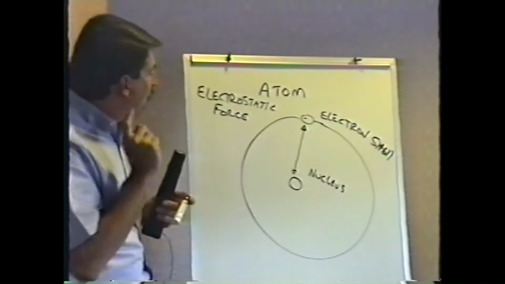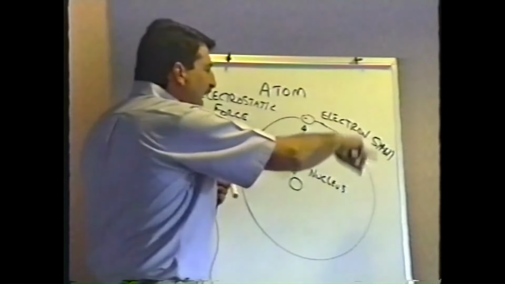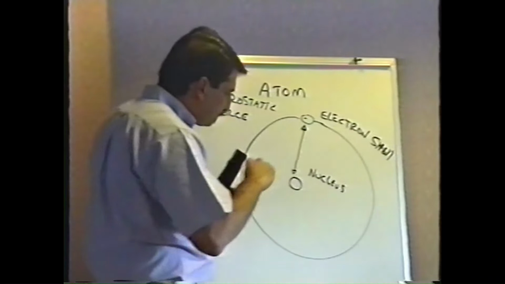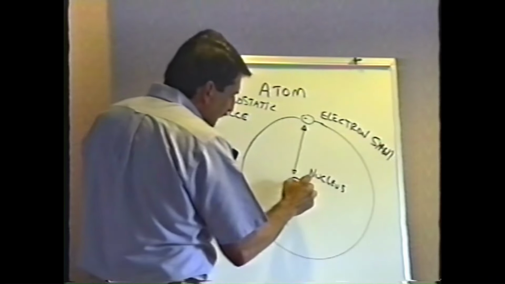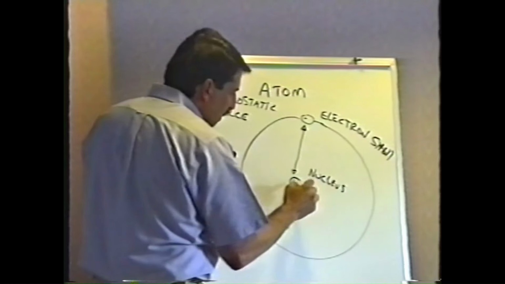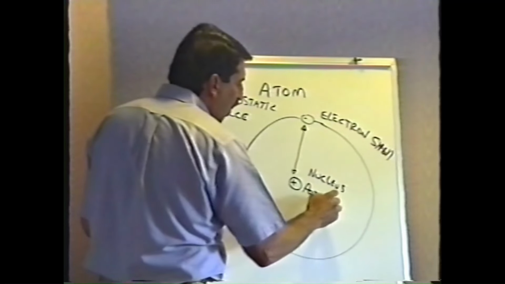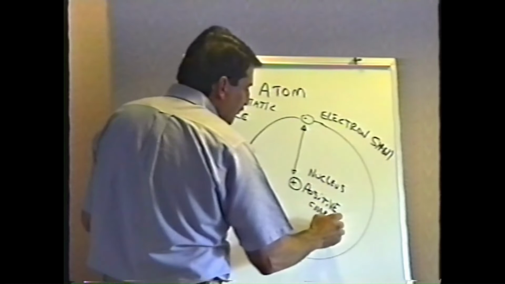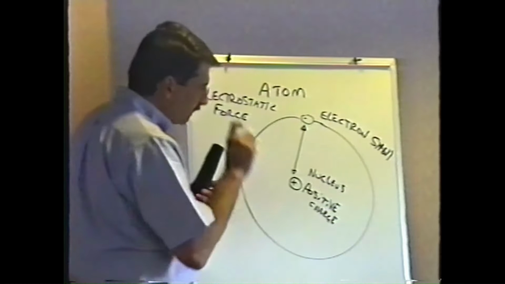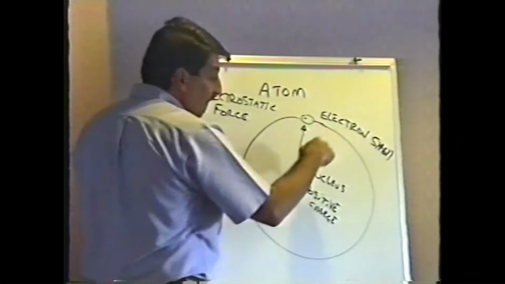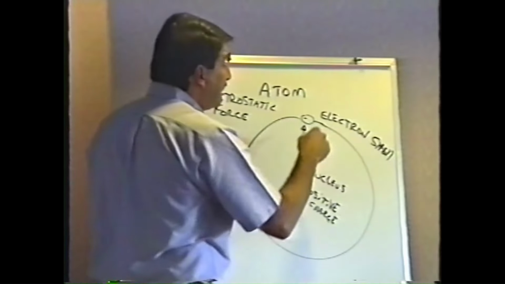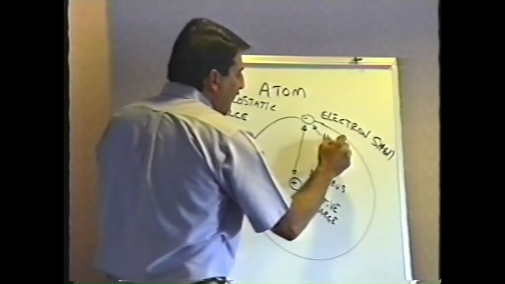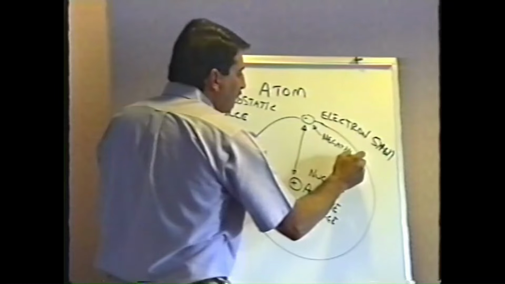Now, what actually keeps the electron in orbit around the nucleus is that the nucleus has what we call a positive charge. The nucleus has a positive charge. And the electron that's in orbit around it has the opposite charge. The electron has a negative charge.